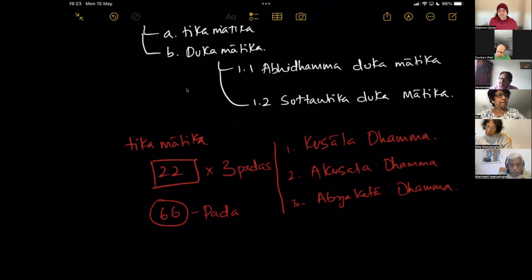Hence, we will be going through 66 different forms of Dhamma under Tikamatika. Is that clear?